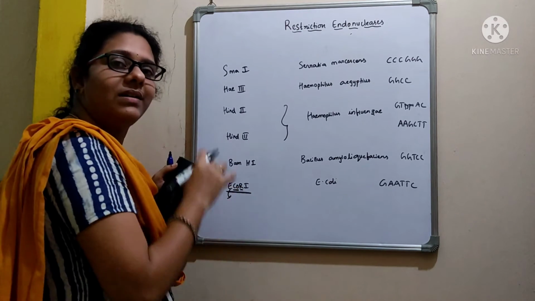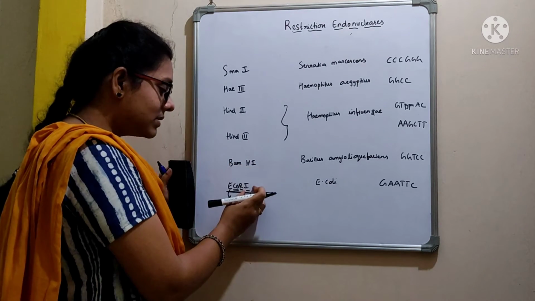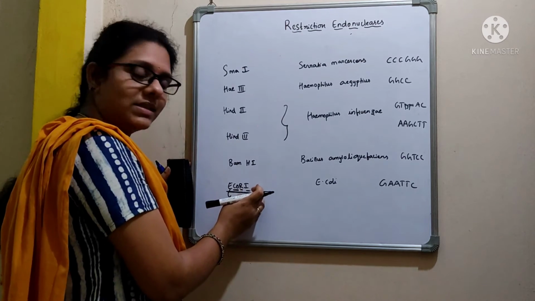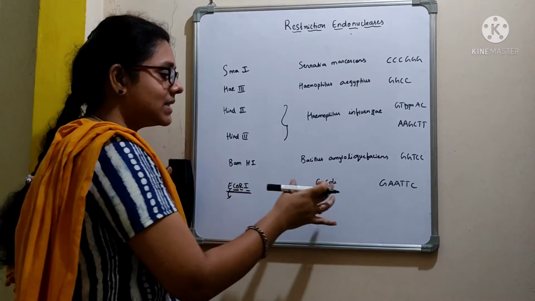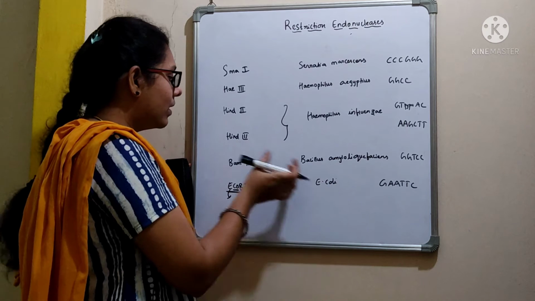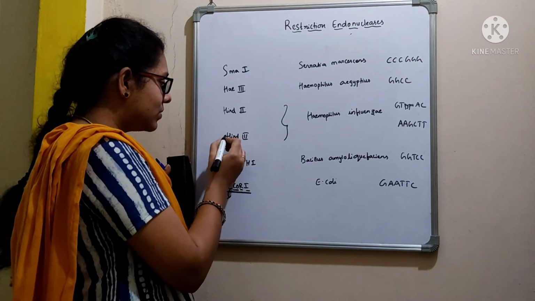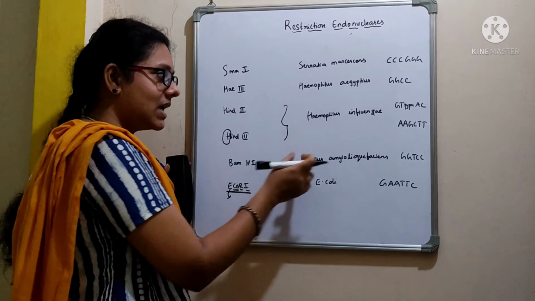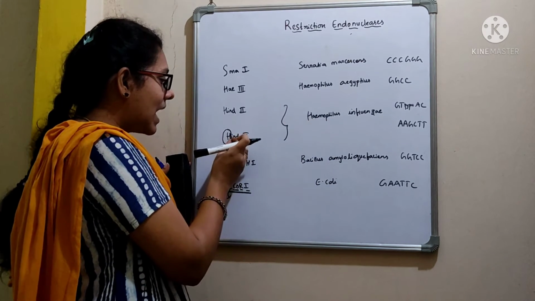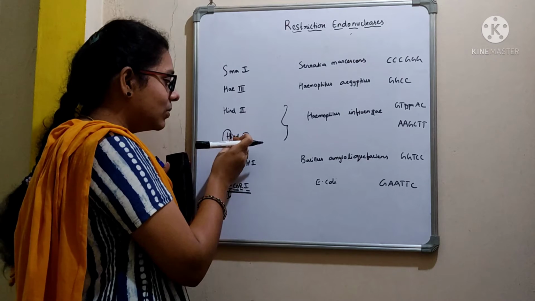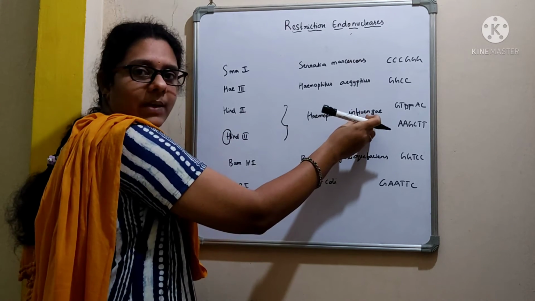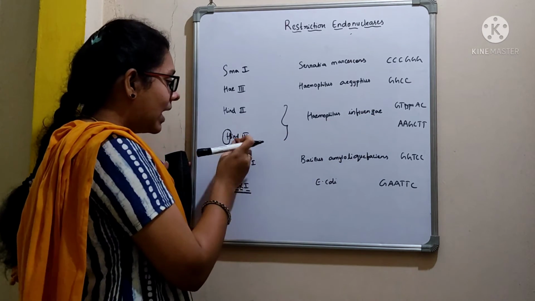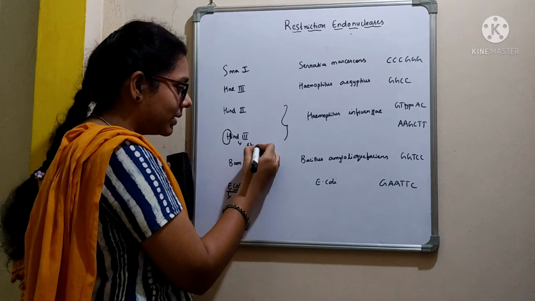R is for the restriction enzyme, and the Roman numeral I indicates the first enzyme that was isolated from Escherichia coli. If you take HindIII, this is H, right? H refers to the genus, that is Haemophilus, and in, which are the next two letters, indicates the species name, that is influenzae, and d is the strain type.